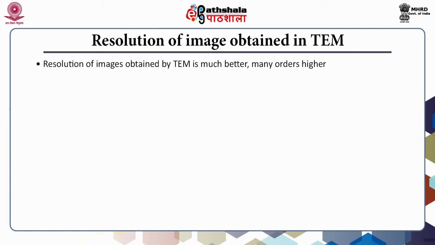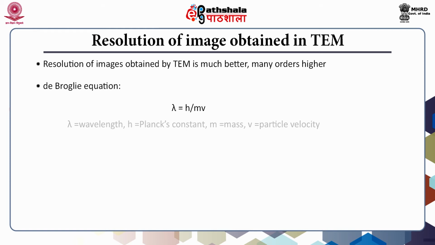The speed with which an electron travels is correlated with wavelength of the electron. According to de Broglie equation, lambda is equal to h divided by mv, where lambda is the wavelength, h is the Planck's constant, m is the mass and v is the velocity of a particle which is an electron here.